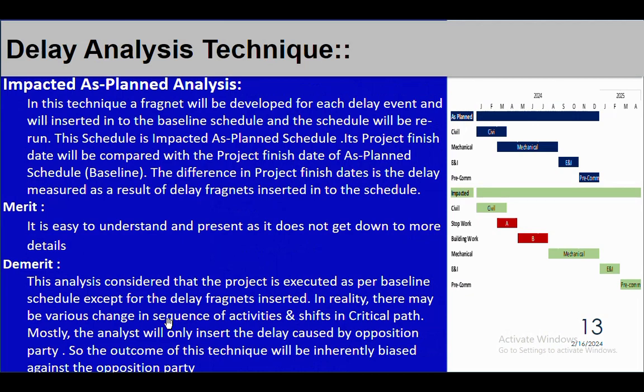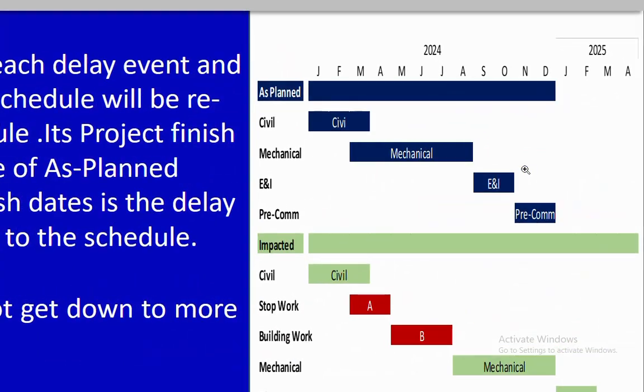Like if I show you in this particular bar chart, the blue shows the as planned or your baseline schedule and green shows the impacted as planned schedule. So as per as planned, civil should be completed by March, mechanical should be completed by August, E&I by October and pre-com by December.